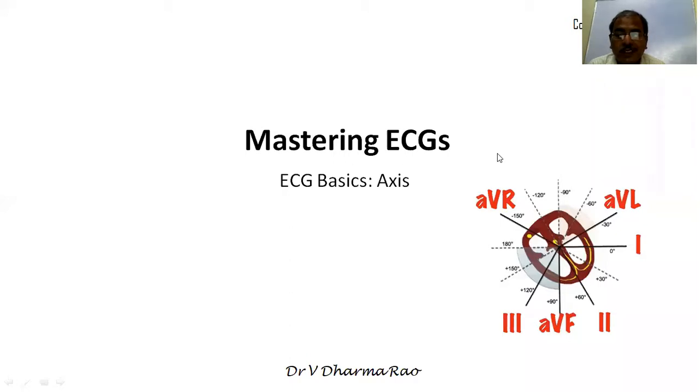We count the squares of the ECG graph. If it is small squares, then how much will you take? This basically depends on how many small squares are seen in 1 minute.